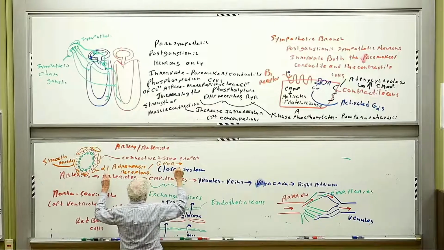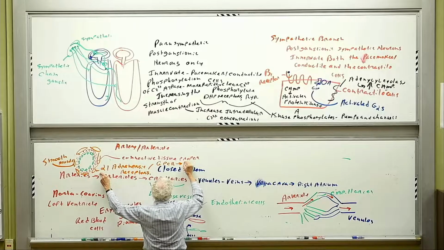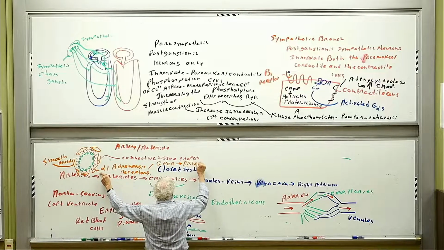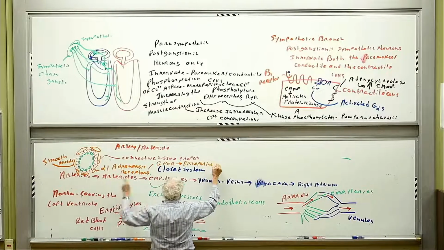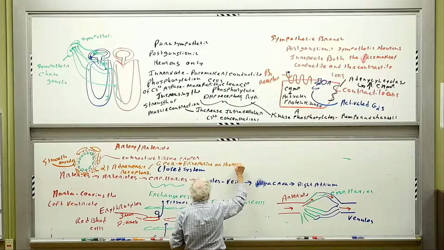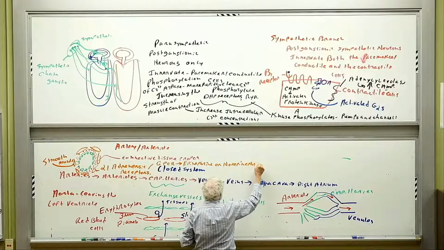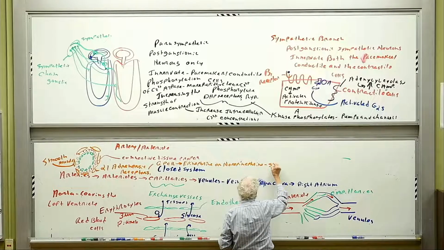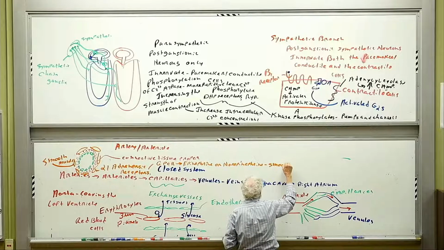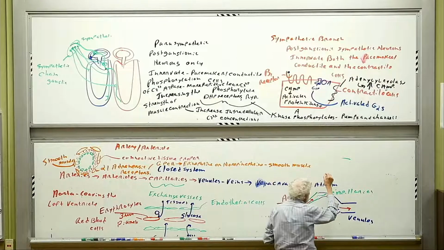But this G-protein coupled receptor, in response to epinephrine or norepinephrine, causes smooth muscle contraction.